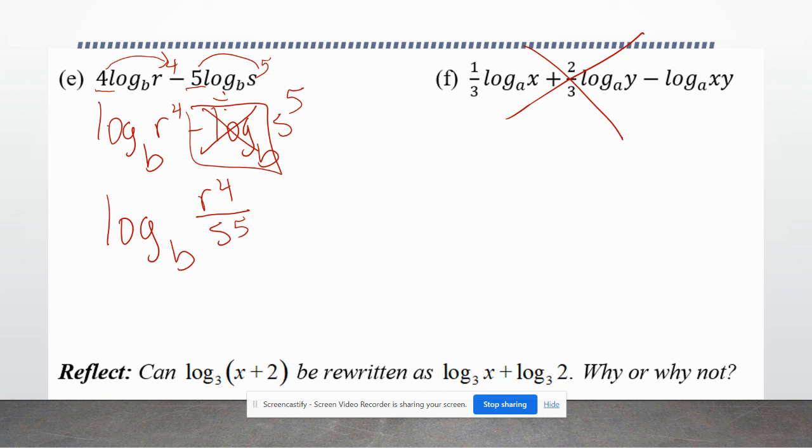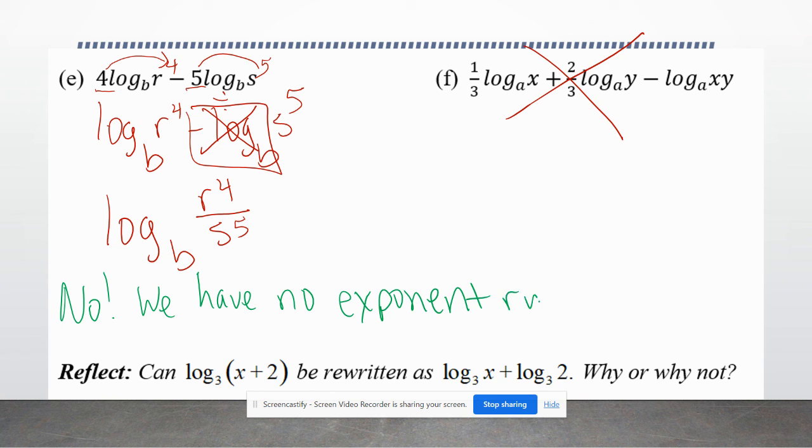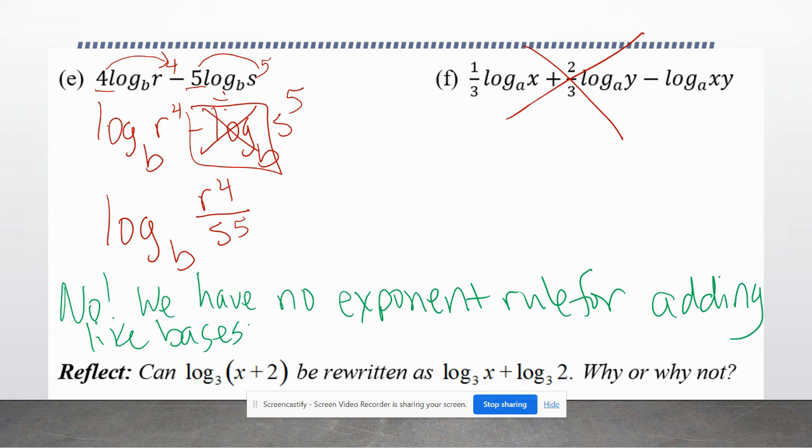But on the bottom, can we rewrite log base 3 of x plus 2 as log base 3 of x plus log base 3 of 2? And the answer to that is no. We have no exponent rule for adding like bases, where exponents will change.